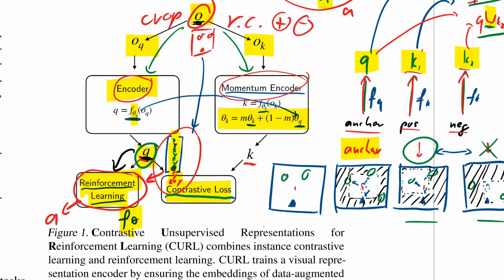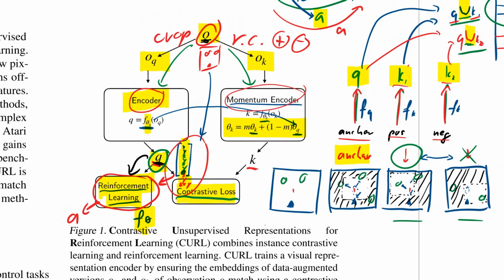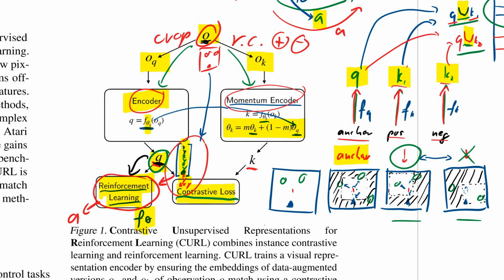The reinforcement learning works exactly the same, except that instead of the pixel input O, you now have the representation input Q. And you don't have to worry about anything else in terms of the reinforcement learning algorithm. It stays exactly the same, right? This whole thing can run either in parallel, or you can think of it as before, off policy, on policy. It is sort of modular how you fit this in. It simply comes up with a good representation.